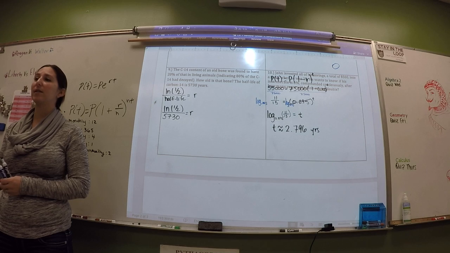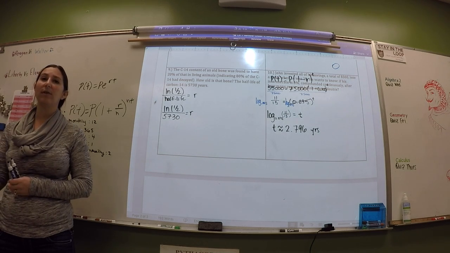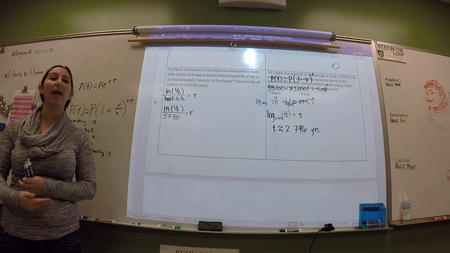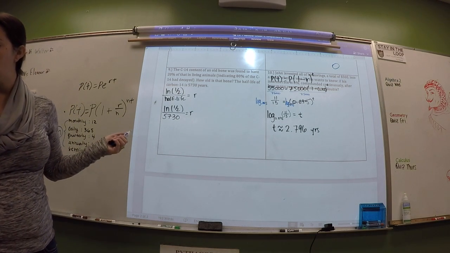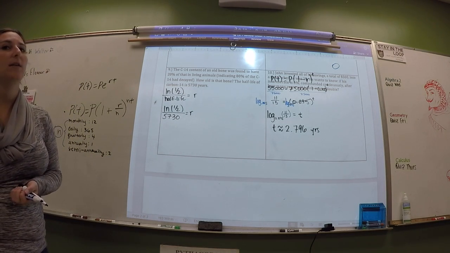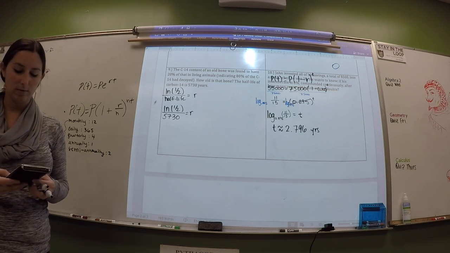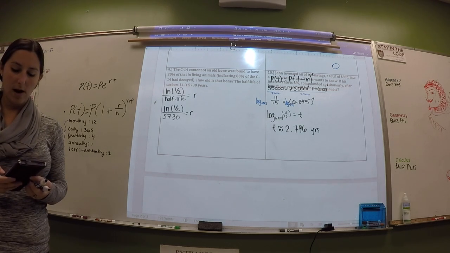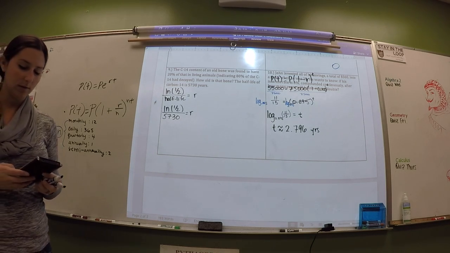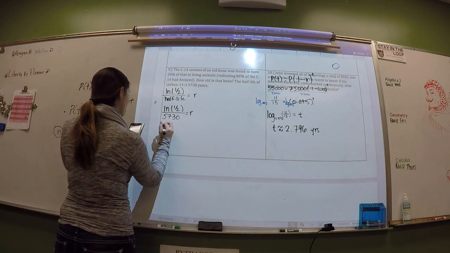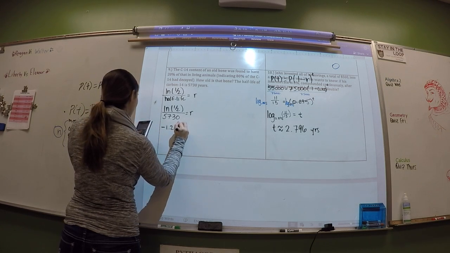It's 1/2 because it's half-life, and then you divide by that time that they give you with half-life. That gives you R, negative. So when you type that in your calculator, it gives you a weird decimal. You need to know how to take that decimal out of scientific notation. So this is what it looks like on my calculator.